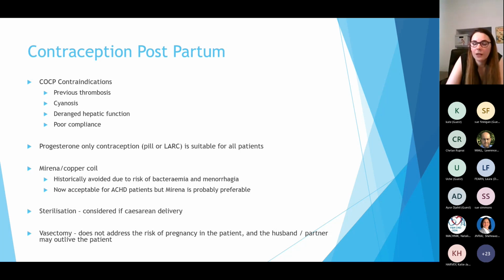And finally, vasectomy isn't actually addressing the risk of pregnancy in our patients. Also just to note that some of our patients do have a reduced life expectancy, and therefore there is the chance that husbands and partners may outlive the patient, and wish to father more children in the future.